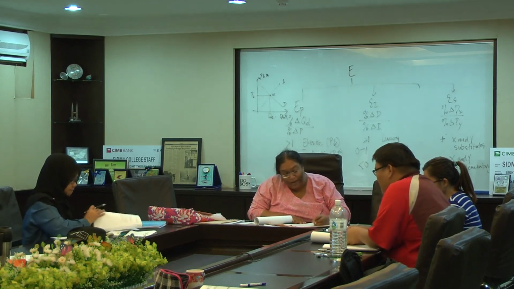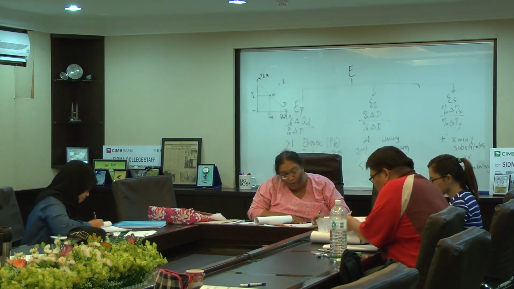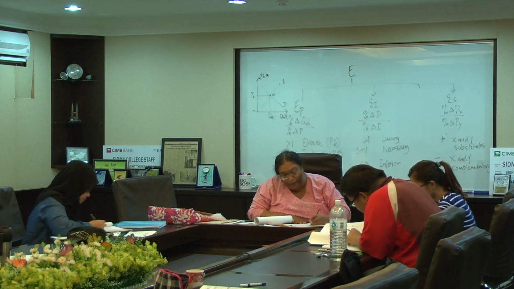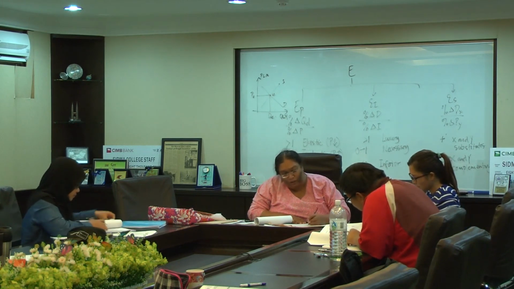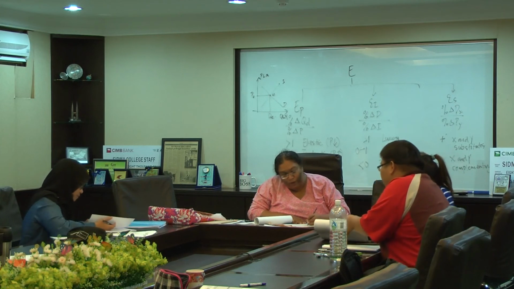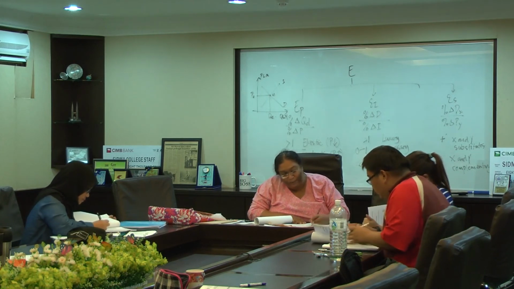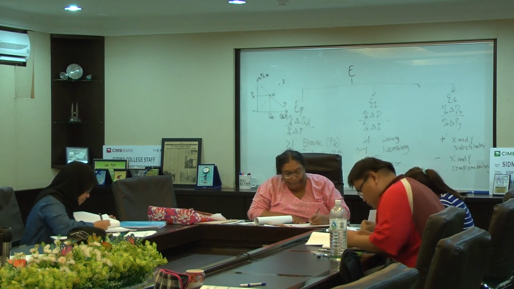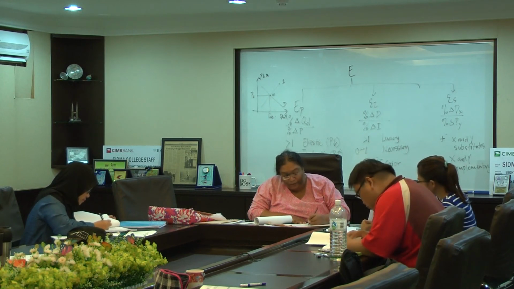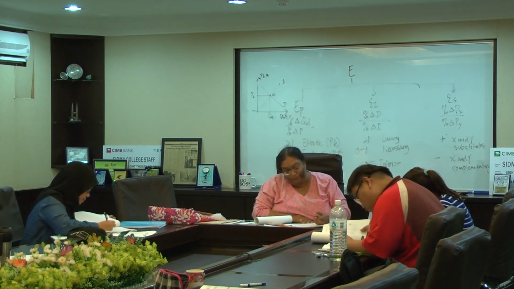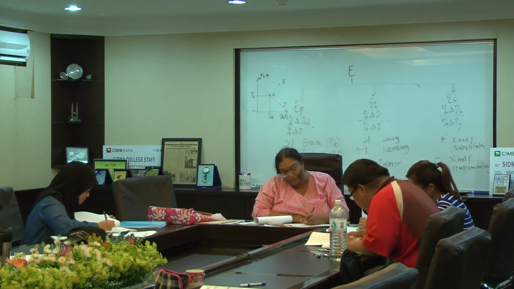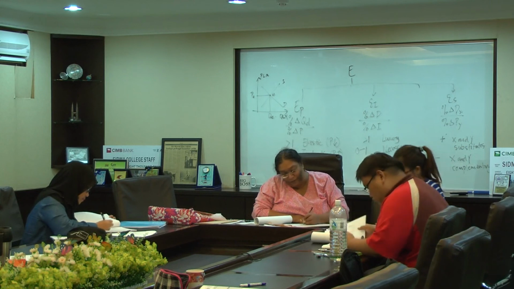At P equals 3, what is the market demand? 142. What is the market supply? 89. So what situation can you see in the market here? Excess demand.